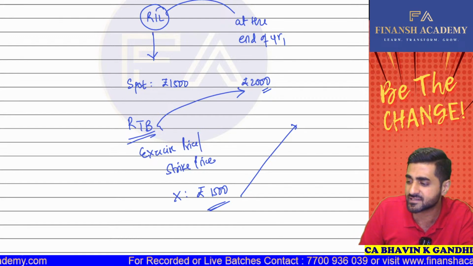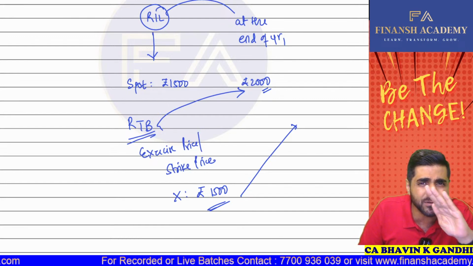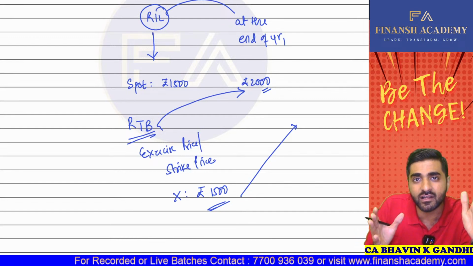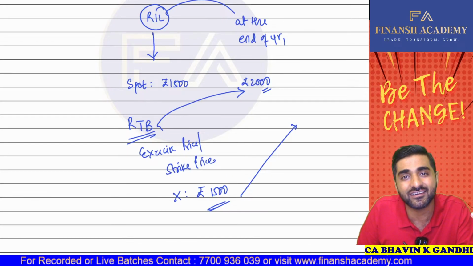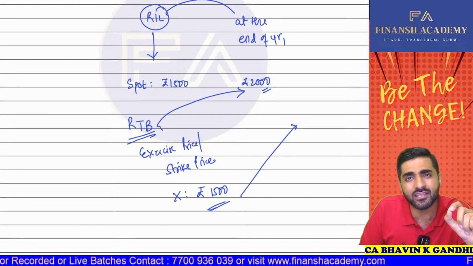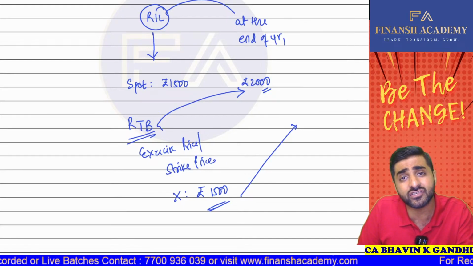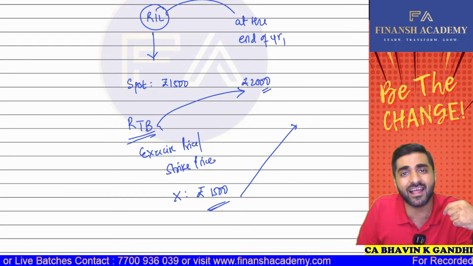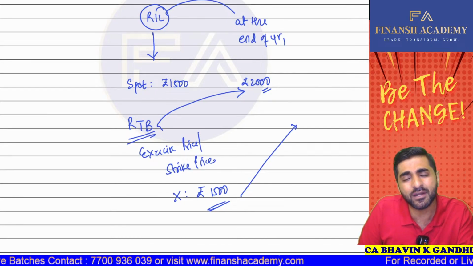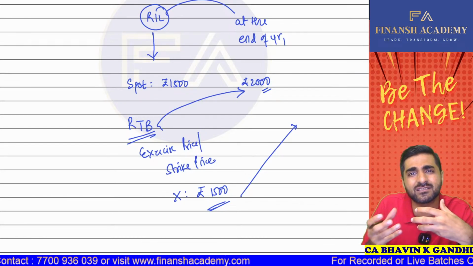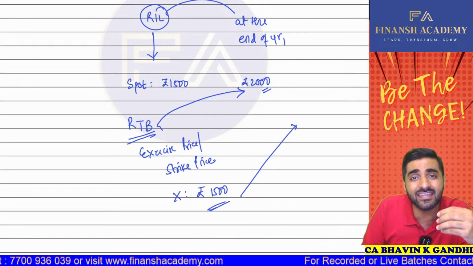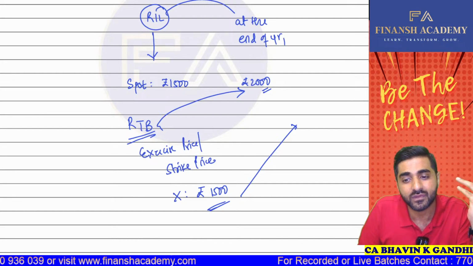Come on, yes or no? Yes, sir. So it is absolutely clear that whenever we are bullish about a particular stock, we can enter into a financial contract which gives us a right to buy that particular asset at a strike price which is pre-decided, at the end of expiry.